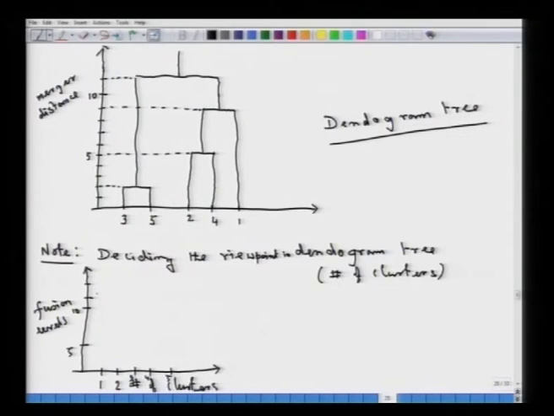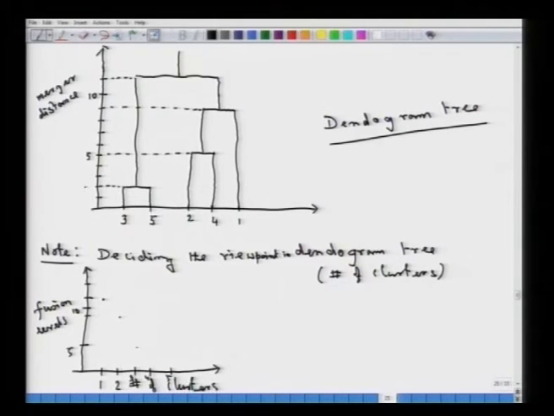Now, if we look at fusion level number 11, we will have one cluster here. If we look at fusion level 9, we will have two clusters. If we look at a fusion level of 5, we will have 3 clusters in the data.